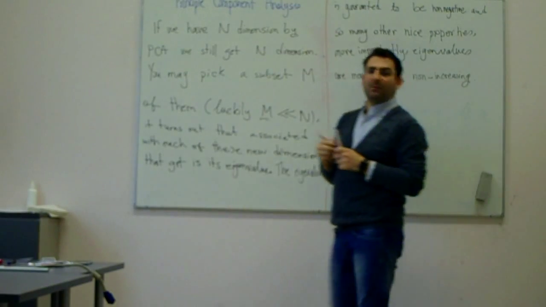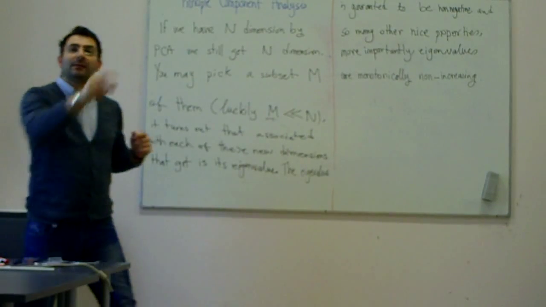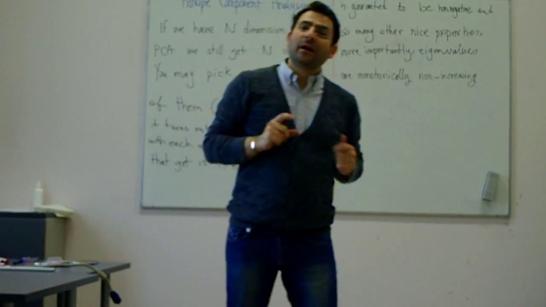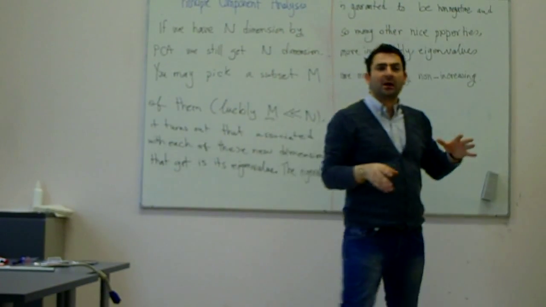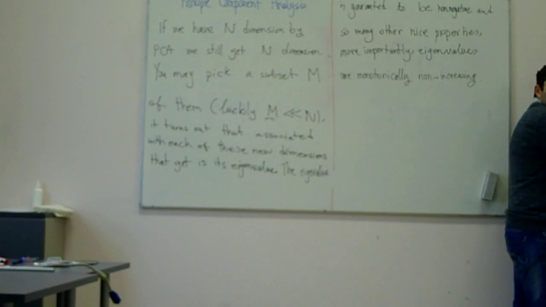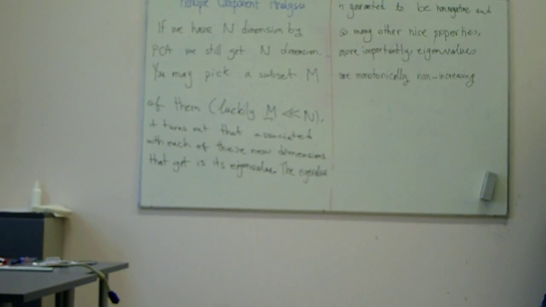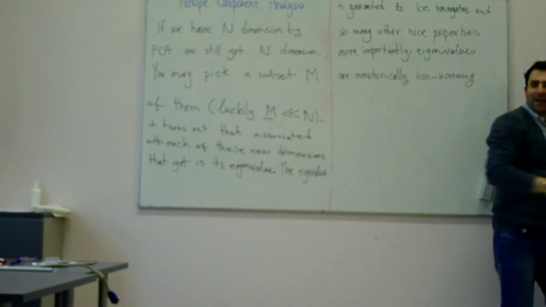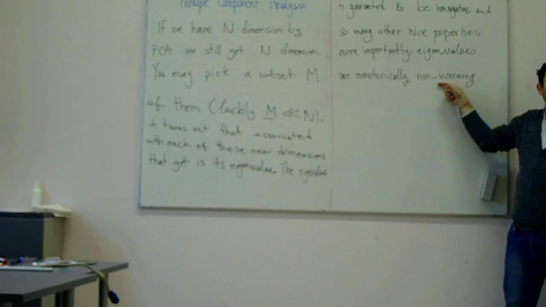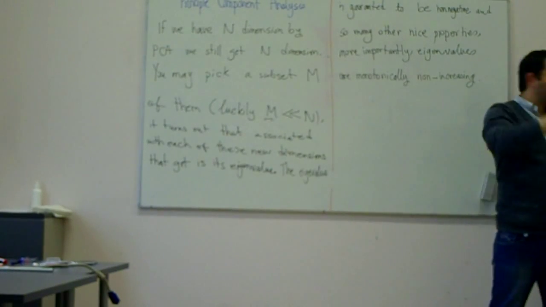What can you tell me about these numbers? The blue has the higher eigenvalue. Definitely. We know that the orange one is at most equal to the blue one. Why can the orange one not be bigger than the blue? Because this is the second direction, and we know that eigenvalues are non-increasing.